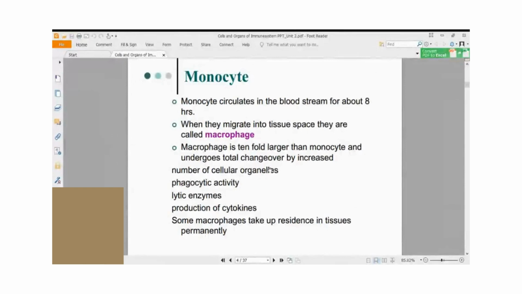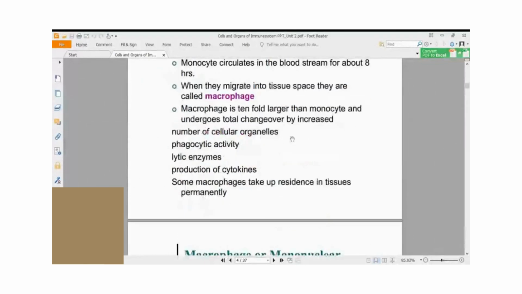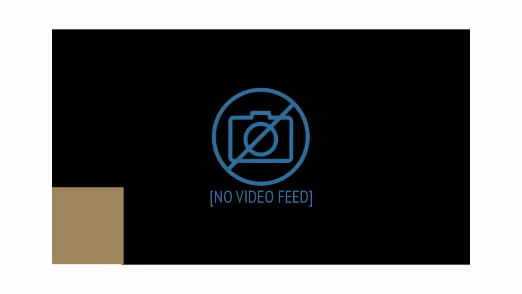Before that, we'll see when the macrophages enter the tissue spaces and become permanent residents there. They remain there for quite a long duration. Nobody knows when the macrophage dies; only when it encounters a toxic bacteria may it undergo autolysis.